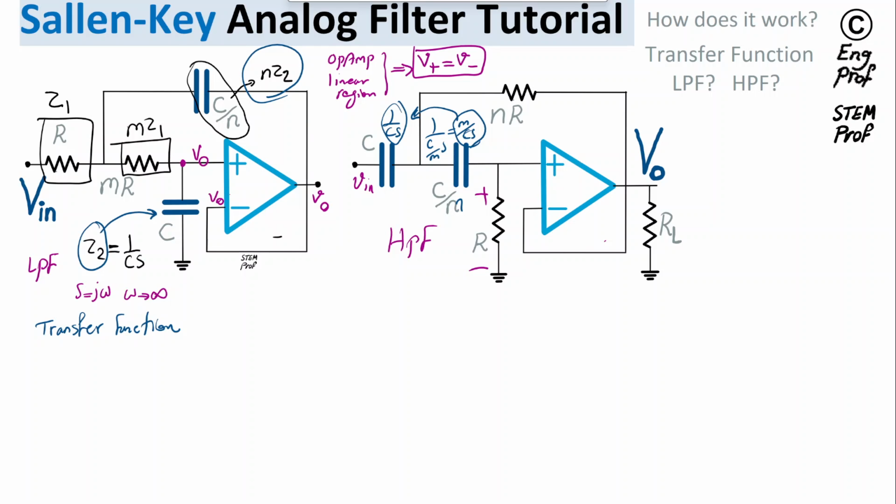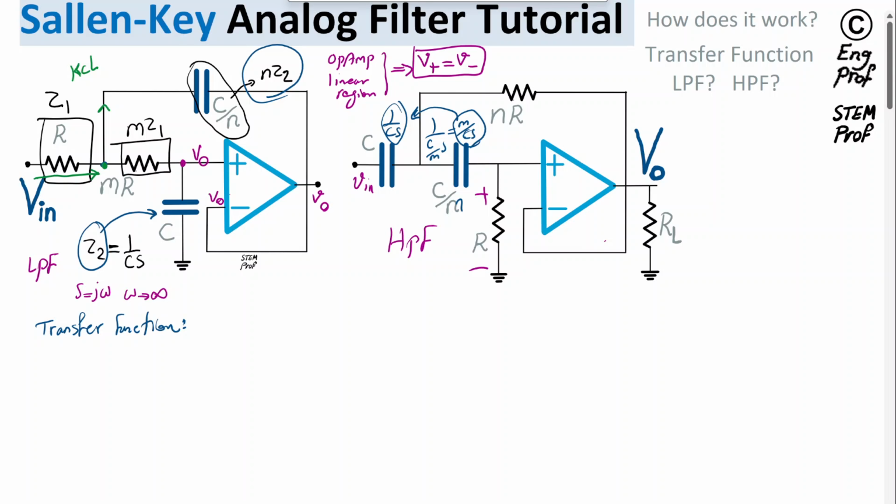So with that in mind, let's write the transfer function. Knowing that the virtual short is valid for the op-amp, I can just quickly do the transfer function. I'm going to write a KCL at this node. Let me use a different color so that it's clear. So KCL, or Kirchhoff's current law: whatever current is coming in should be equal to the currents that are going out.